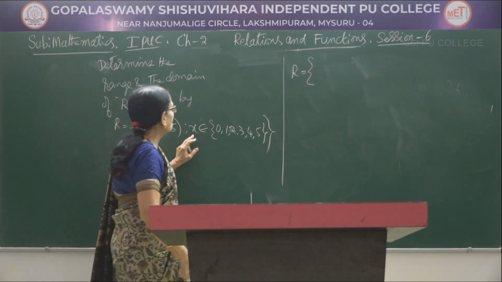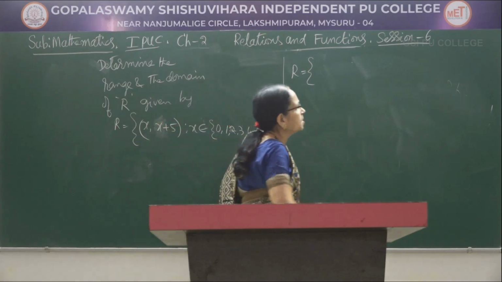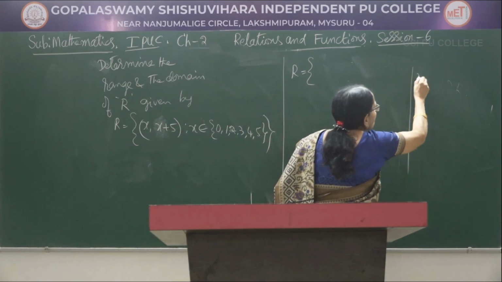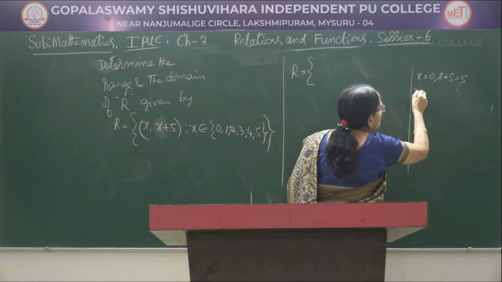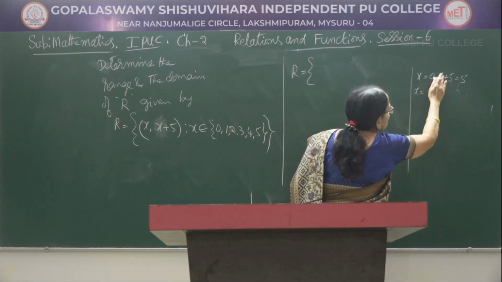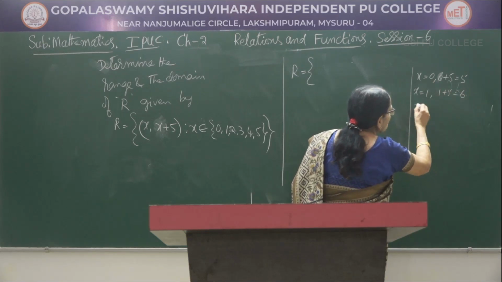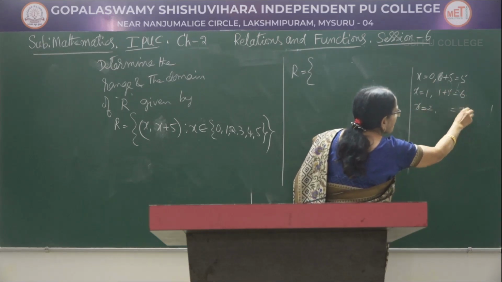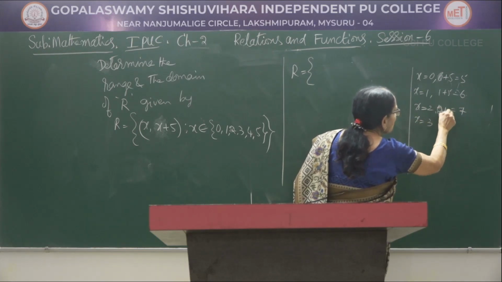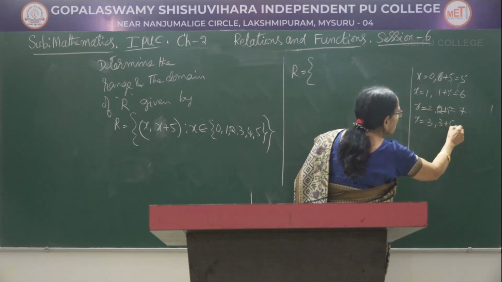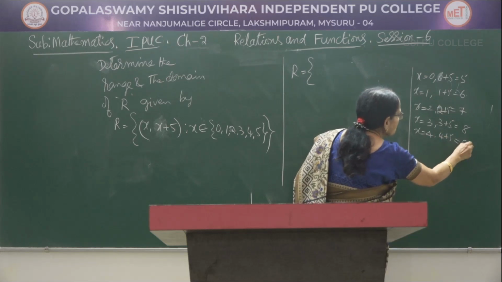Now, first I am writing the elements in the roster form. If you find it difficult, in the working column you can write x is equal to 0 means x plus 5 would be equal to 5. X is 1 means 1 plus 5, that is 6. Like that you can write x is 2, the second element is 7. X is 3, it is 3 plus 5, it is 8. X is 4 means 4 plus 5, that is 9.